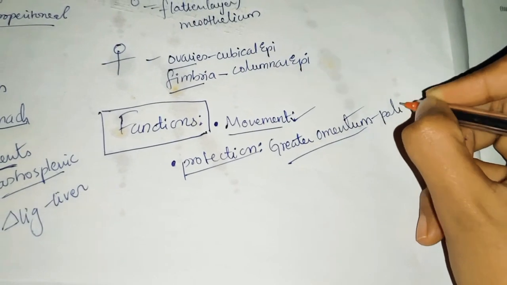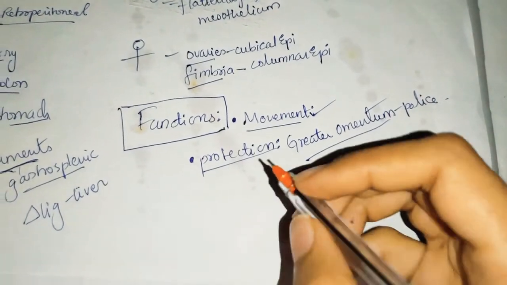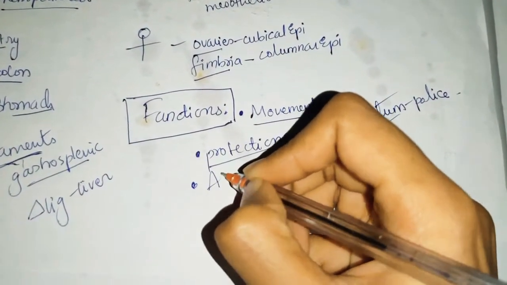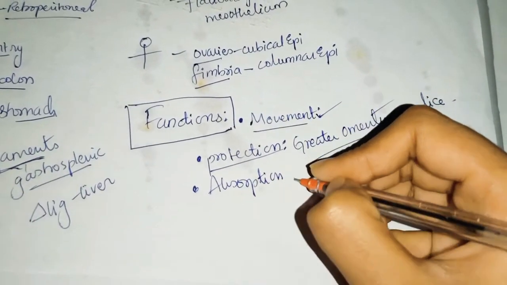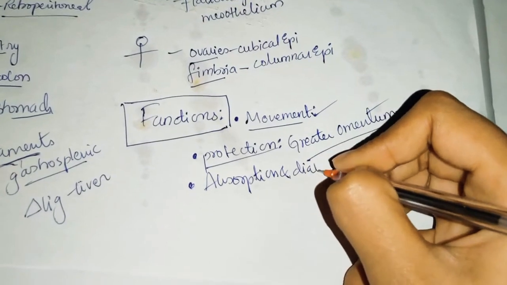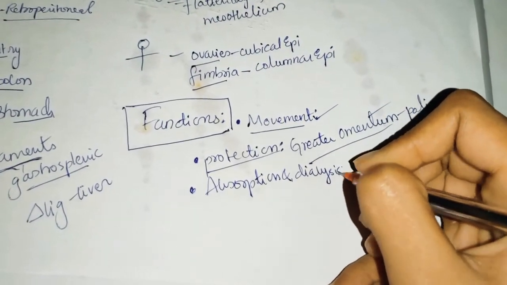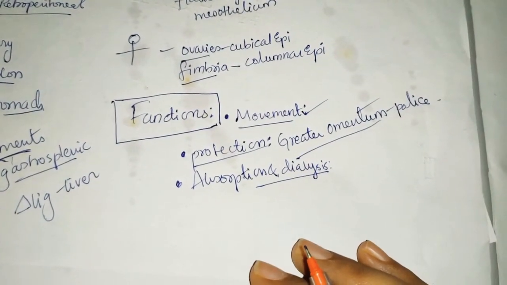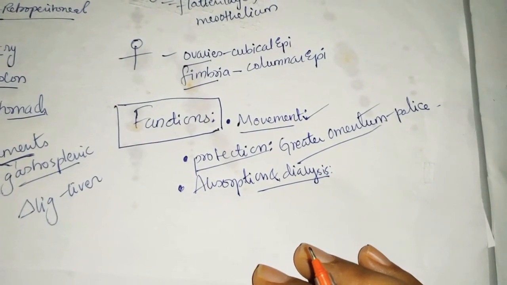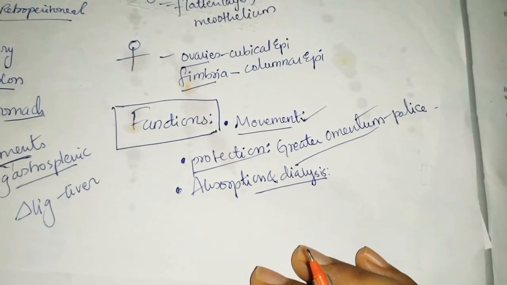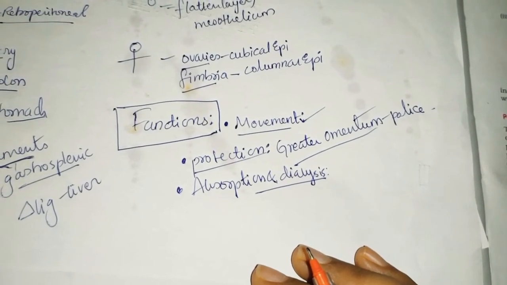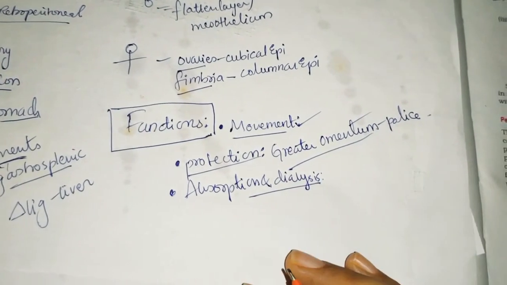Okay, next coming to absorption and dialysis. Peritoneum has a function of absorption. Mesothelium acts as a semi-permeable membrane across fluids, and small molecules of various solutes can pass. Mesothelium, as you know, is present in the visceral peritoneum, right? So this is useful for exchange of fluids and small molecules.